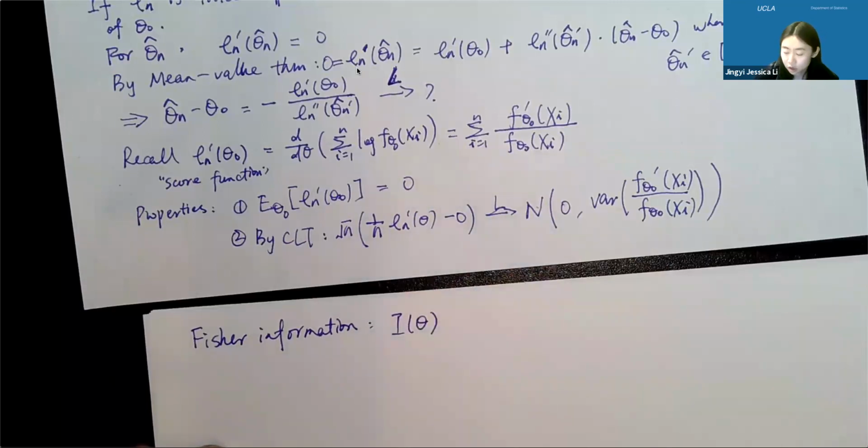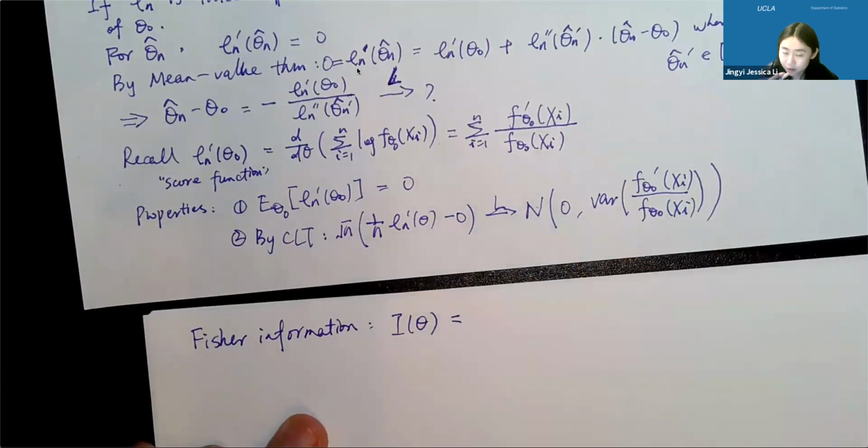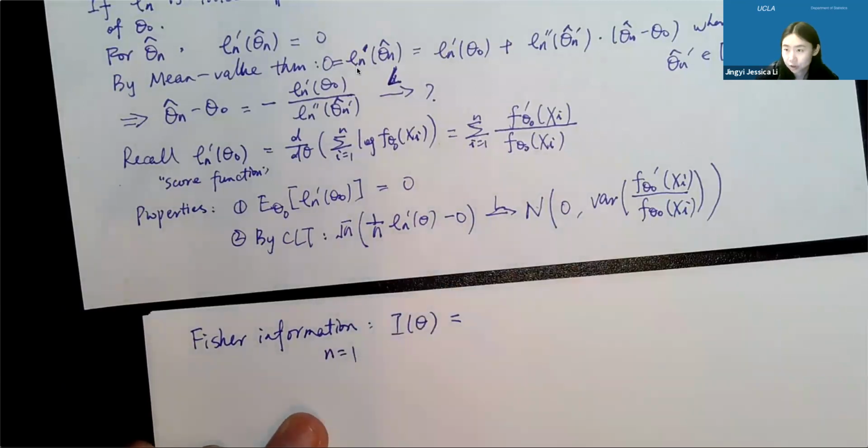What we can show is that it can be defined as follows. Assume that I just have a sample of size 1. Not considering all the sample sizes, when n is equal to 1, I have only one random variable from the distribution.